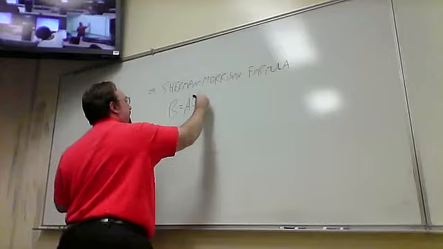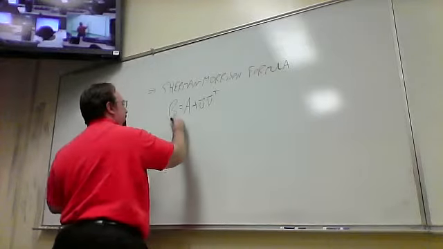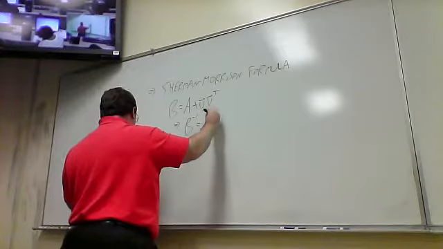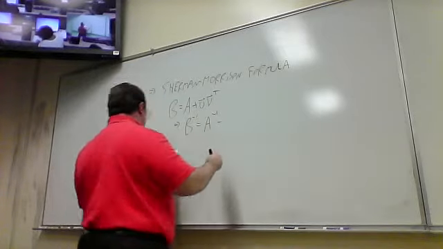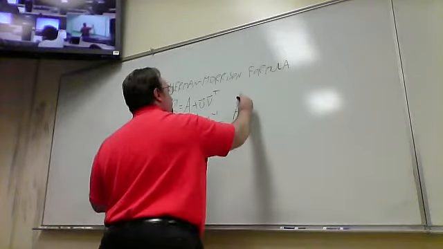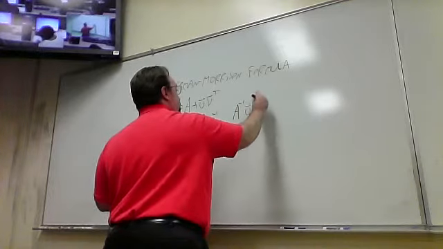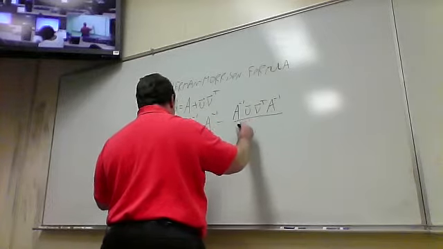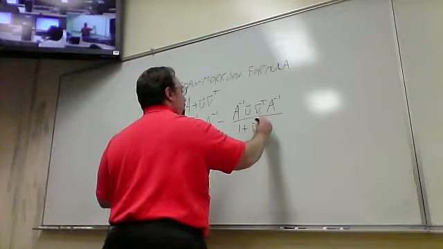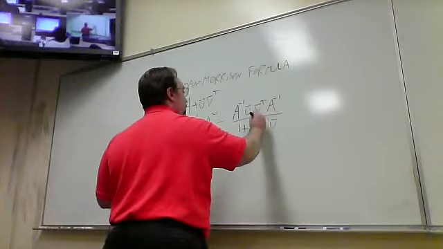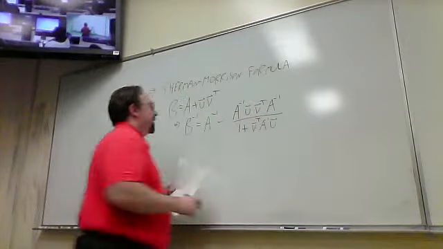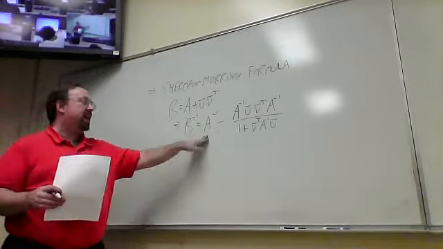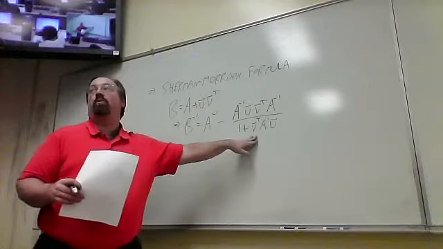So B is equal to A plus a rank 1 update, implies that B inverse is A inverse minus A inverse U V transpose A inverse, all over 1 plus V transpose A inverse U. Okay, so if B is A plus a rank 1 update, then B inverse equals A inverse plus this rank 1 update.